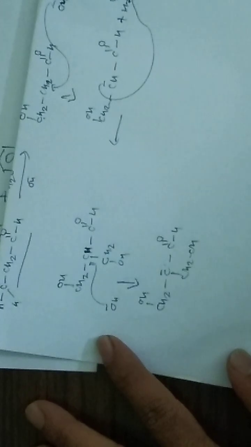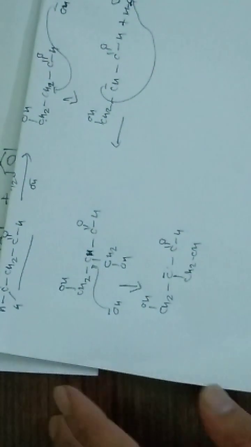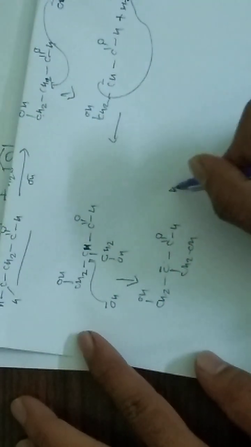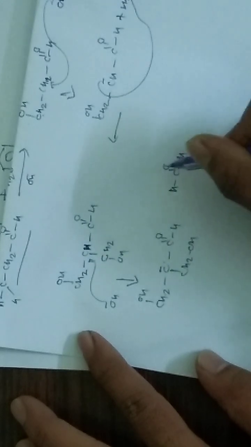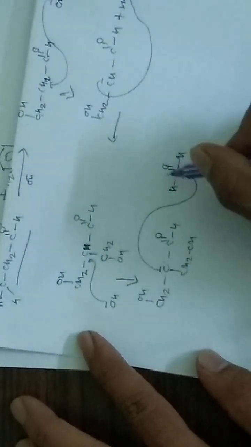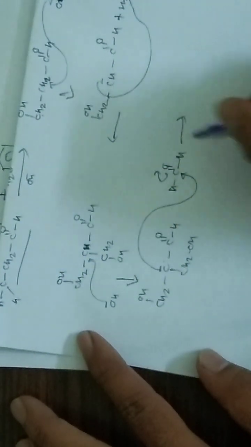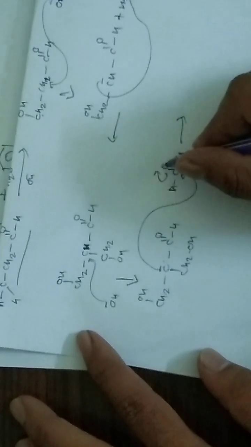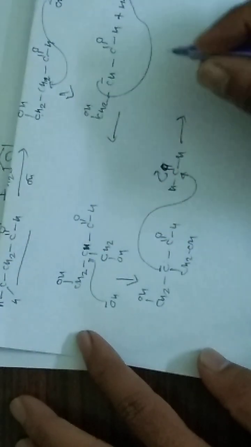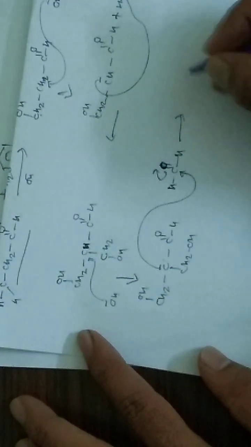This will be a carbanion, and here already 2 molecules of formaldehyde are used, but now the third molecule comes into the picture, and this carbanion will attack the carbonyl carbon. This bond will open, and this will become O minus. After workup this will become OH.